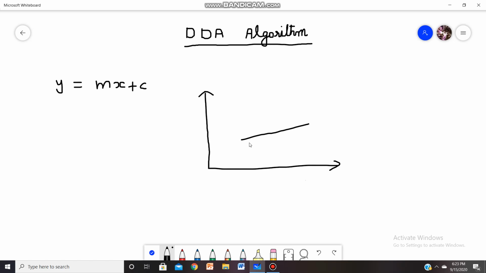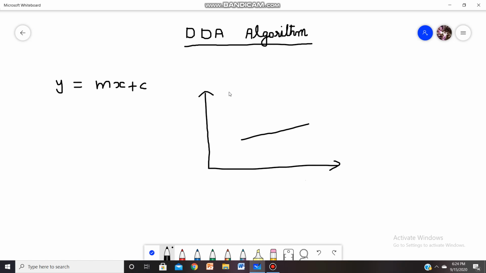So when slope becomes 1, any line will be inclined at 45 degrees to the axis. Any other line which is inclined nearer to the x-axis, or lesser than 45 degrees, will be a line with slope m less than 1. And for lines with slope m greater than 1, it will be moving more towards the y direction.